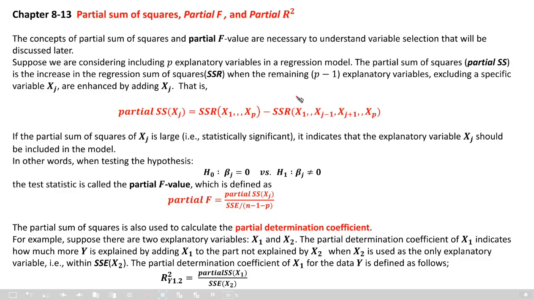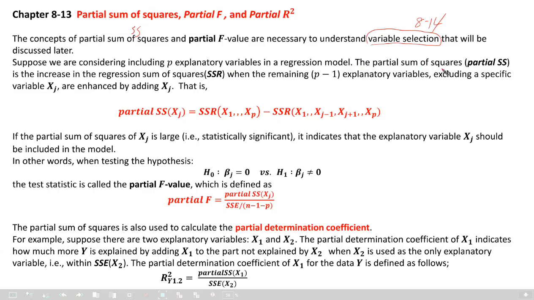Let's see. The concept of a partial sum of squares and partial F value are necessary to understand variable selection. This section is just the next section, 8:14, that will be discussed later. Suppose we are considering a multiple linear regression model, including p explanatory variables.